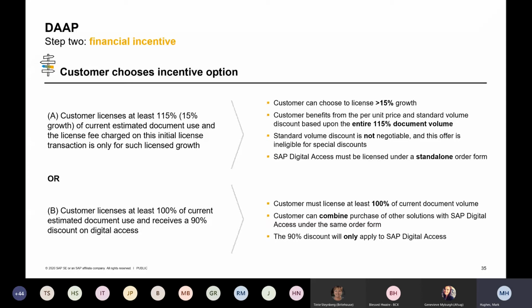It's a standalone order. It can't be mixed and joined up with any other transaction. The second option is you're going to buy at least what you need from the estimate or the measurement tools. There's no limit. And you can combine that with another purchase, and you can immediately benefit from a 90% discount on the digital access document license.